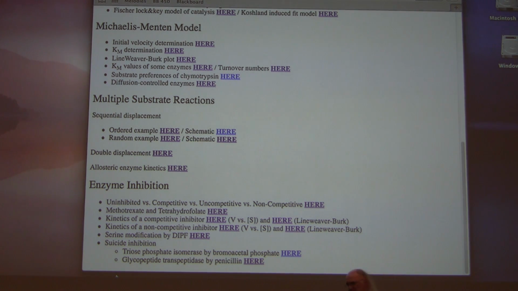It's going to bind to enzymes like the transpeptidase that have an active site that can bind to it specifically. Okay? DIPF is a relatively small molecule. It can fit into an enzyme in a lot of crevices very easily. And that helps it to bind to many of the serines that are found in a given enzyme.